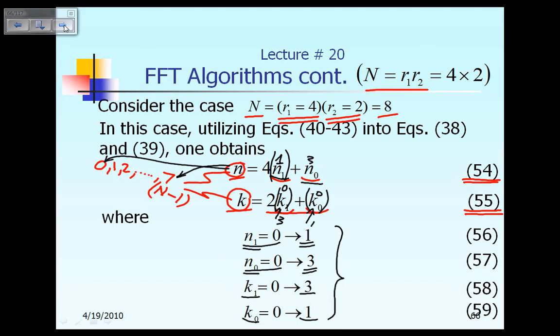That's the largest one you can have. So the definitions of the indices n and k are given in equations 54 and 55, whereas the definitions of n1, n0, k1, k0 are given by equations 56, 57, 58, and 59.